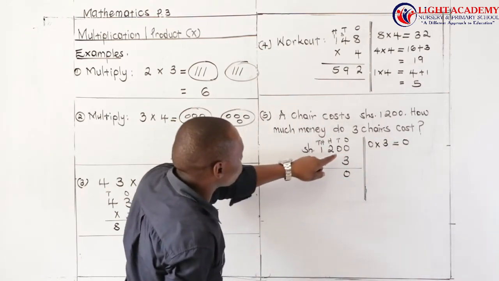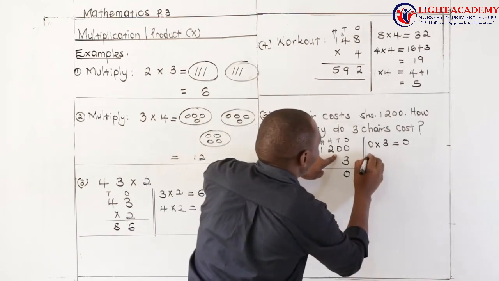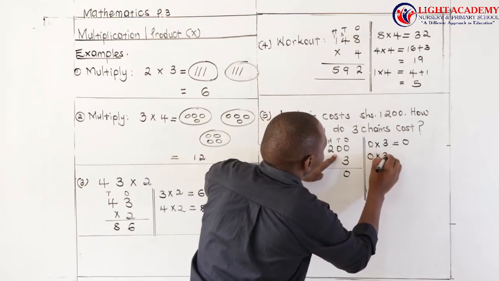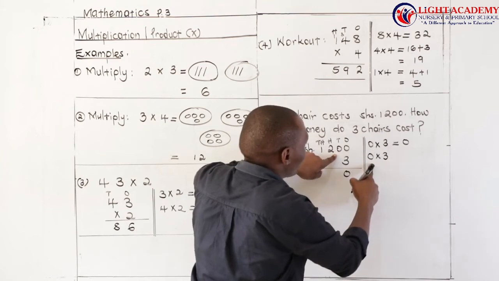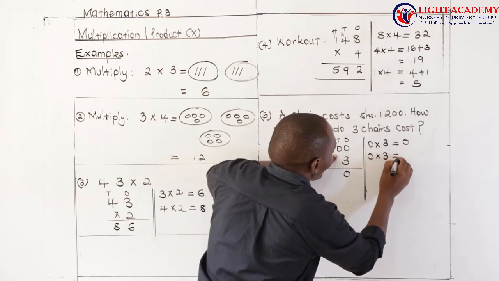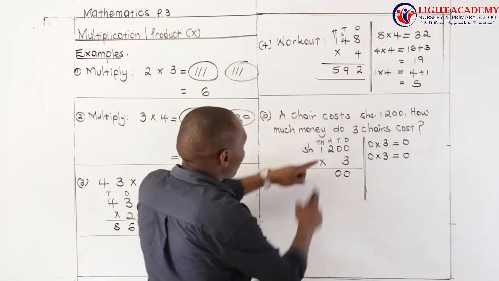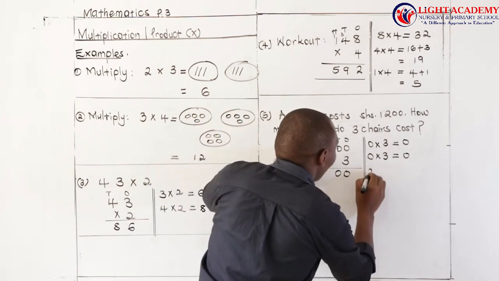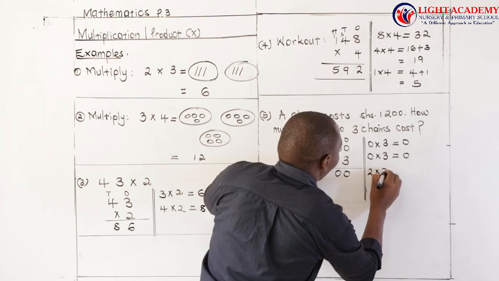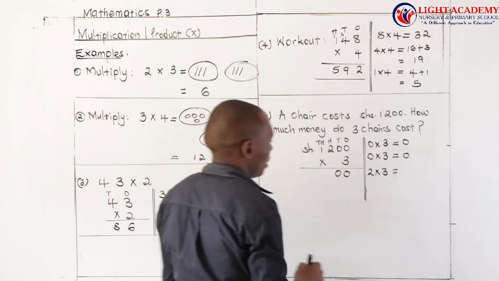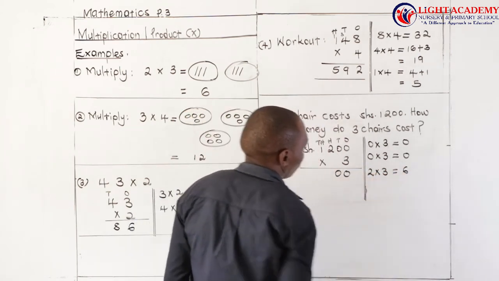Okay? When I go to the 10s place value, I'm also having a 0 multiplied by 3. I don't have the groups. Therefore, the answer I get is also 0. So I put a 0 under the 10s. Under the hundreds, I'm having the 200s multiplied by 3. The answer I get here becomes the 6. Okay?